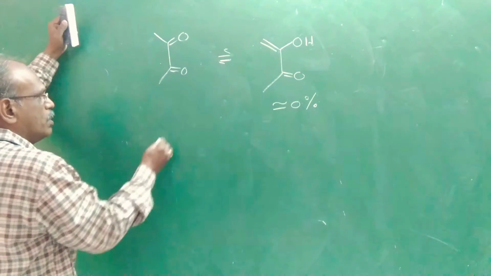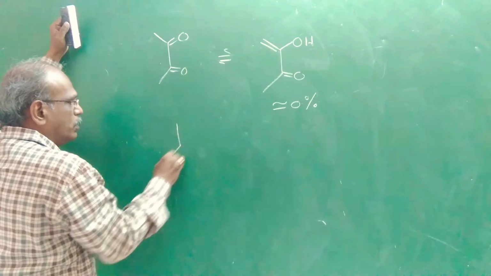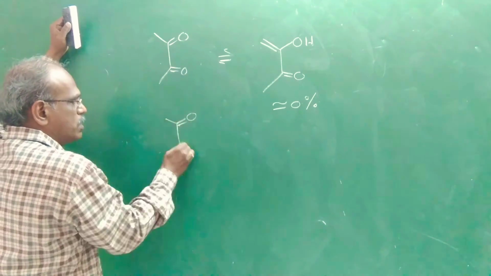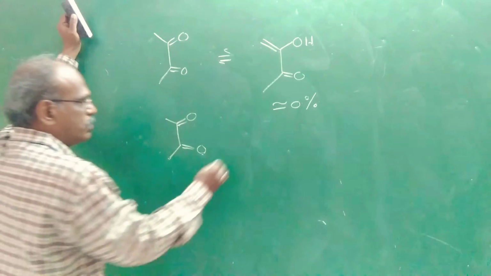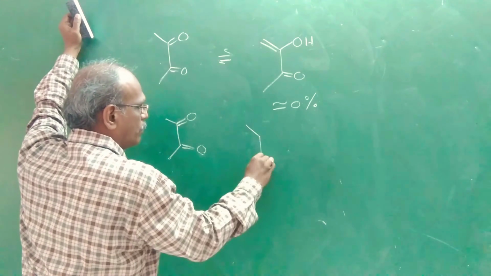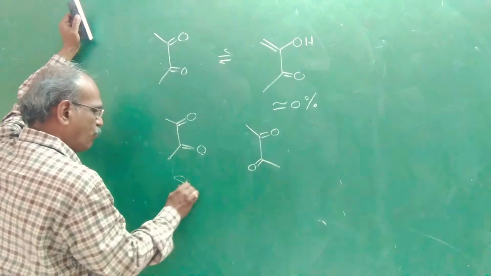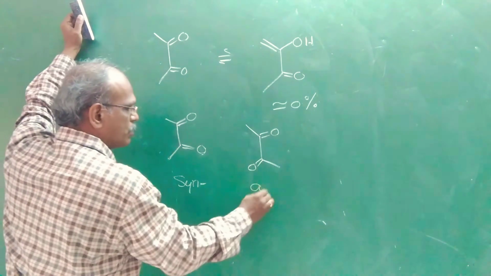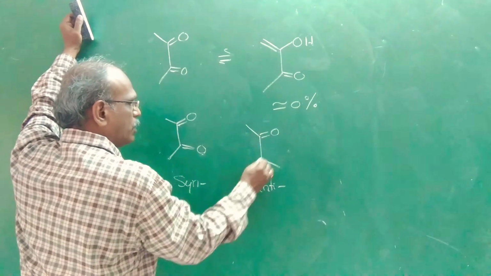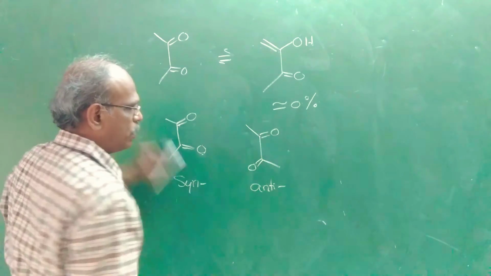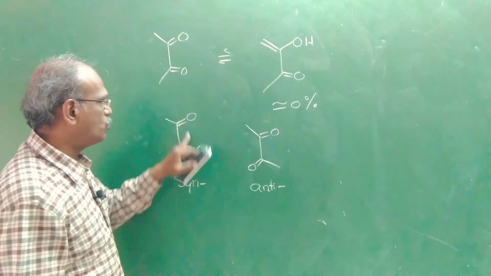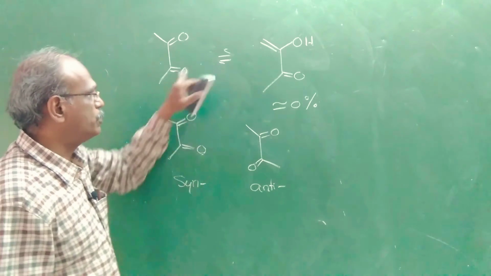Why? For this ketone, there are two possible conformers. This is a syn form. This is anti form. In this, the two CO groups are in anti position. In this, the two CO groups are in syn position, like that.